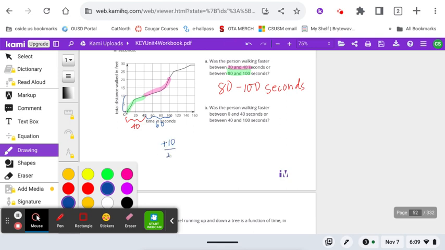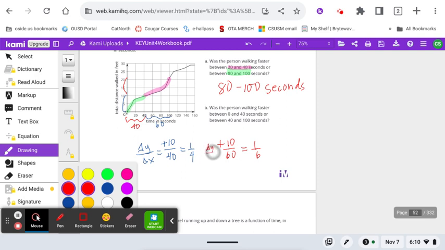on that 40-second interval. So remember, our average rate of change is the change in y over the change in x, also known as our slope formula. So we're getting an average rate of change from 0 to 40 as 1/4 or 0.25. Then looking at the other change, this one is also going up 10, but it's on a 60-second interval.